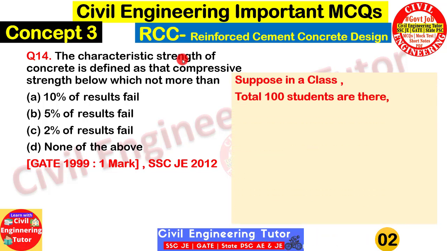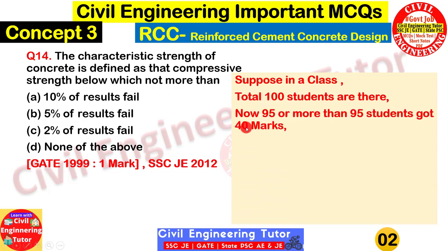Let's suppose an example. In a class, there are a total of 100 students. Out of these 100 students, 95 or more than 95 students got 40 marks. So it may be 95, or maybe 96, 97, 98, 99, 100.